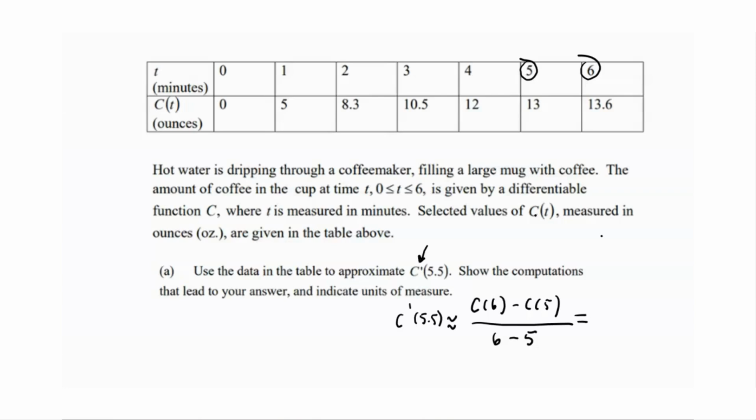And then c of 6 is 13.6, c of 5 is 13, 6 minus 5 is 1. So we would get 0.6, and then we have to indicate the units of measure here. Now it's a rate, so this is going to be 0.6 ounces per minute. Okay, so that would be the first concept covered here.